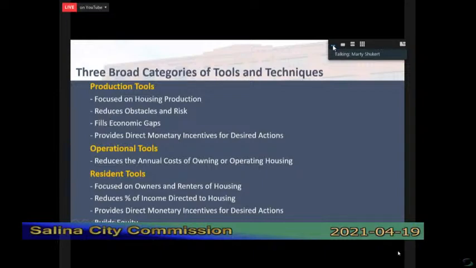That is, it helps people accumulate wealth, as reflected by the equity that they own in their home or their housing unit. So these are all a little bit different. They can be mixed and matched, and they're interrelated, but for simplicity and clarity, they can be put into one category or another. So let's start with production tools.